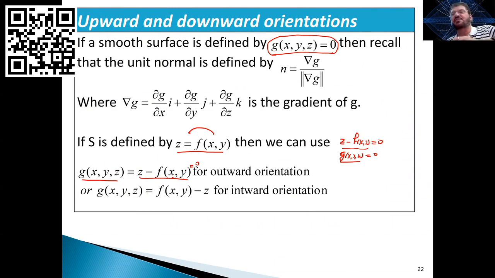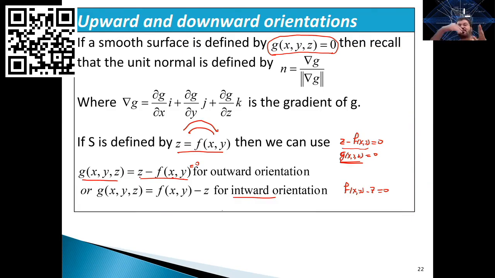Now, this function is outward oriented if you make it z minus f of x, y. If I move z here and say f of x, y minus z equal to 0, this is inward orientation.